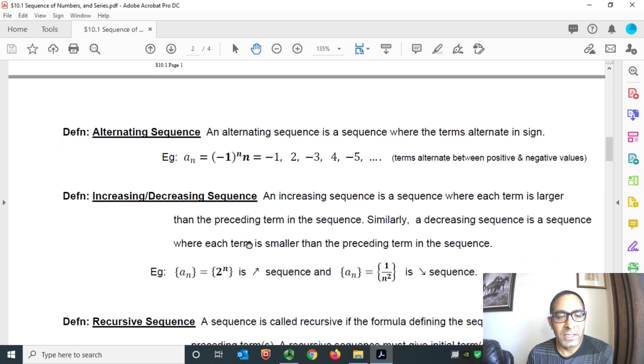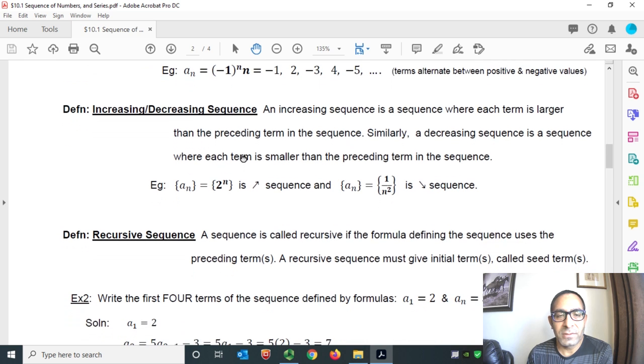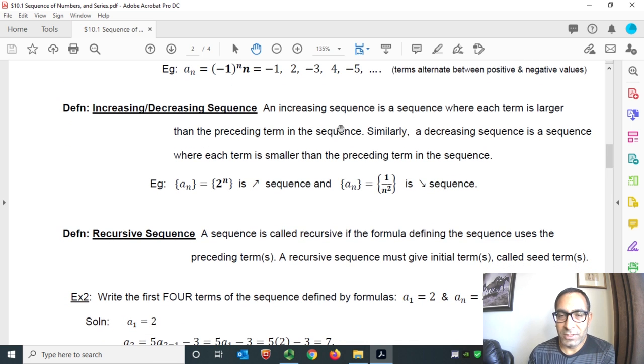Next definition, increasing sequence and decreasing sequence. An increasing sequence is a sequence where each term is larger than the preceding term in the sequence. Similarly, a decreasing sequence is a sequence where each term is smaller than the preceding term in the sequence. For example, the sequence of 2 to the n is an increasing sequence.